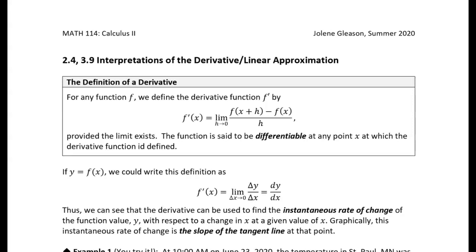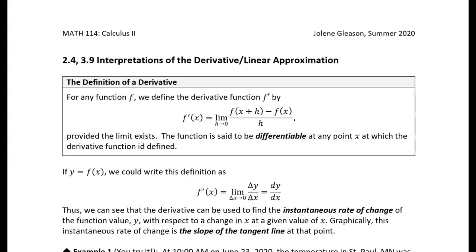If you add a little bit of h to the x, how does that change the value of the function over the small change in x? Okay, and then we're taking the limit as that little bit of change goes to 0. And that's the definition of a derivative.